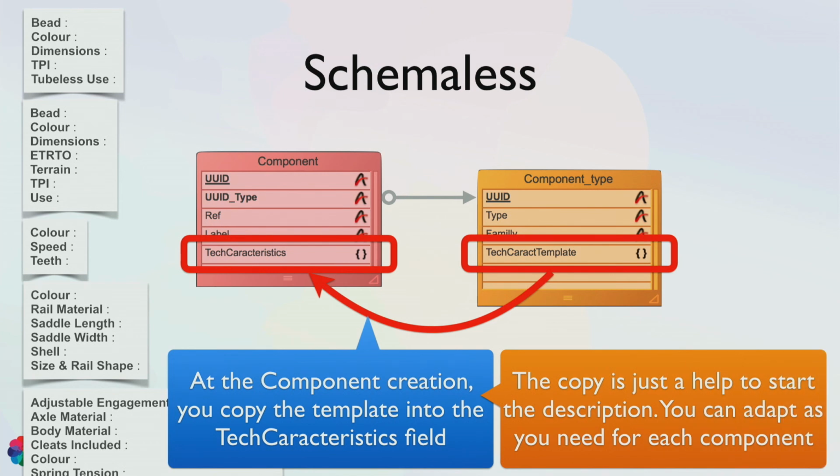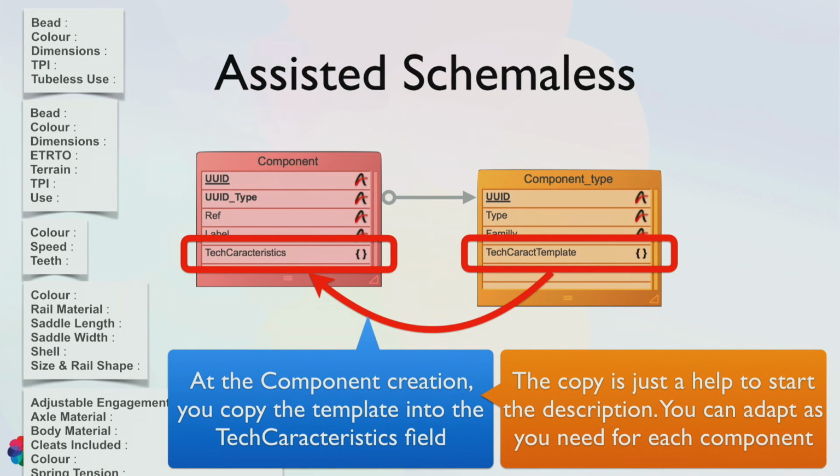And you can adapt each component with an additional attribute or remove another attribute as you want. So it's not exactly schemaless. It's more assisted schemaless in this situation.